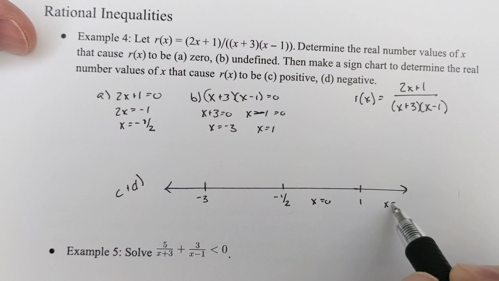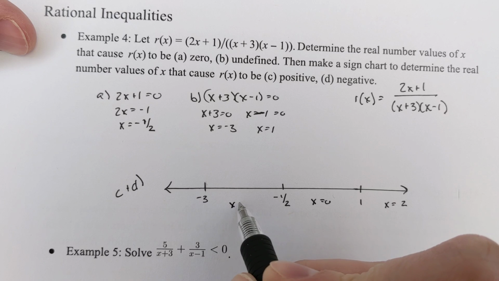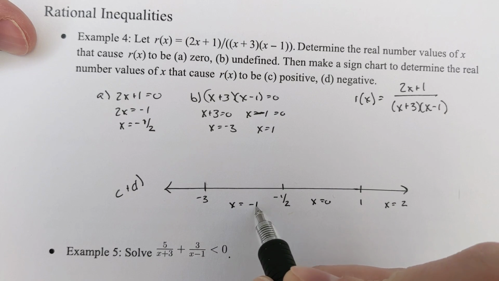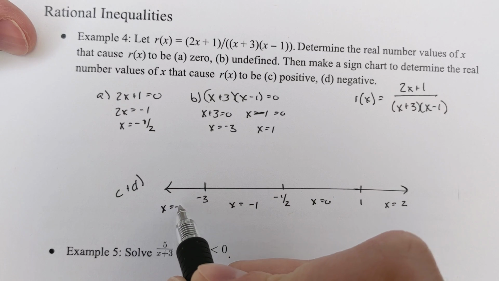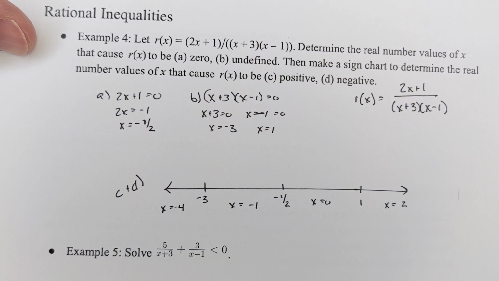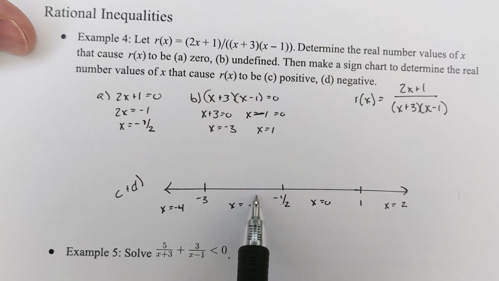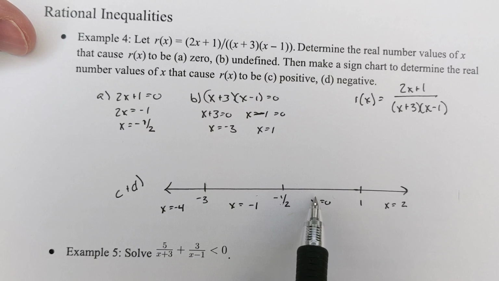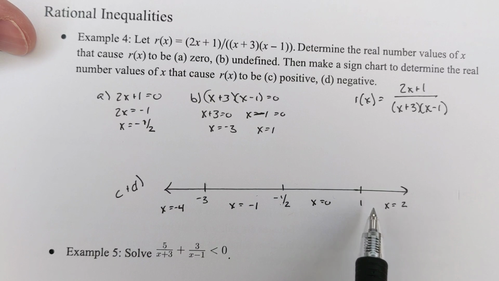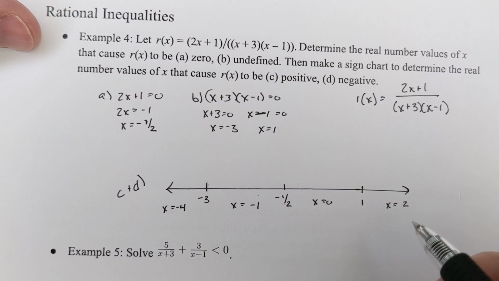We need some number more than 1, like 2, between -0.5 and -3 like -1, and something less than -3 like -4. Now, since -0.5 is a 0, we can use the multiplicity rule to go across it. So it has to be opposite, but that's not necessarily true at the undefineds. So we'll just go ahead and check them all.